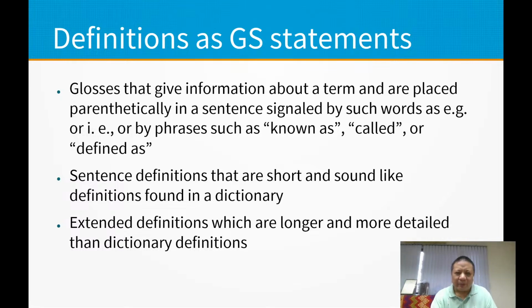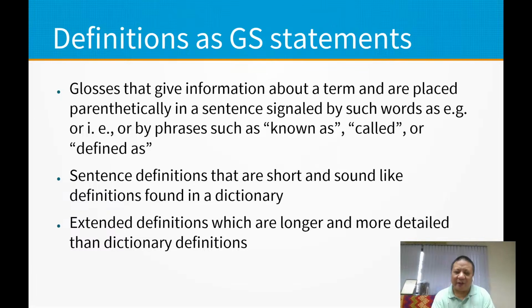Okay. Again, let's talk about definitions as general to specific statements. Definitions can serve as general to specific statements. Definitions could be glosses that give information about the term and are placed parenthetically in a sentence, signaled by such words as, for example, that is, or by phrases such as known as, called, or defined as.